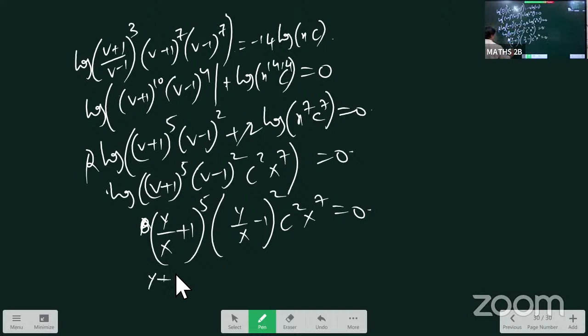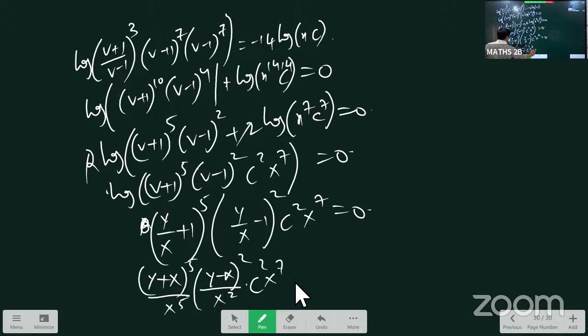That is (Y plus X) whole power 5 by X power 5 and (Y minus X) whole square by X square, C square X power 7 equal to 0. So X power 7, X square and X power 5 get cancelled.